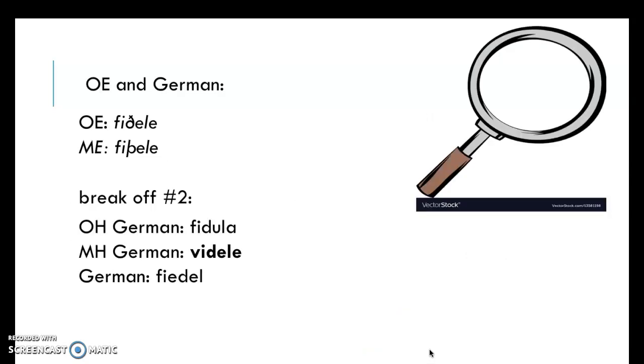So the word vitula in Old English became fidele, and Middle English fidele, and then Old High German fidula, Middle High German videle, and then German fidel.